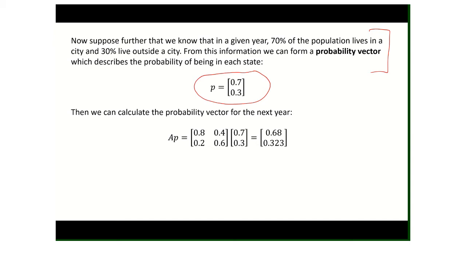When you do that, you then calculate the probability vector for the next year, being your matrix A times your probability vector, and that's the probability vector for the next step, the next after the transition, whatever it happens to be.